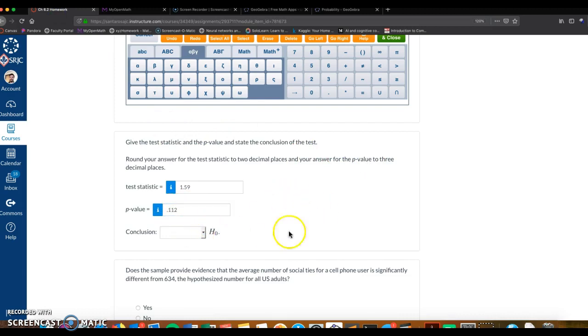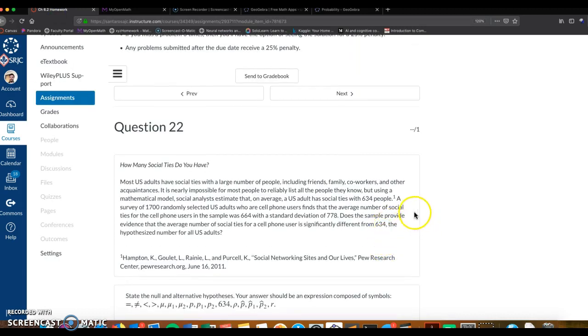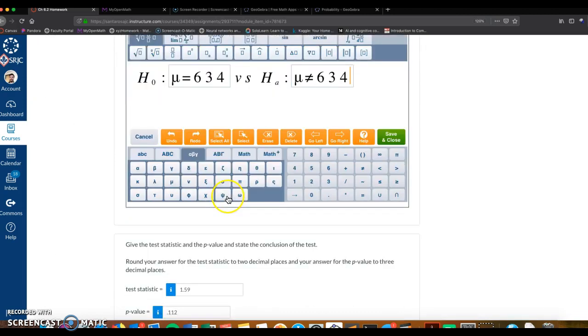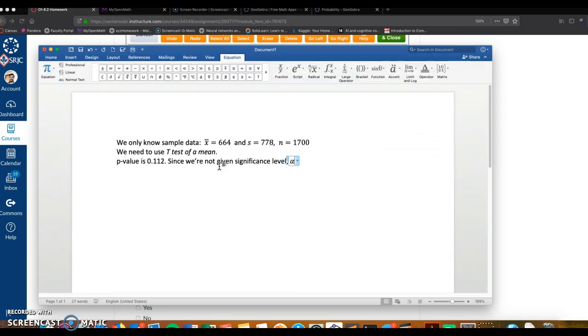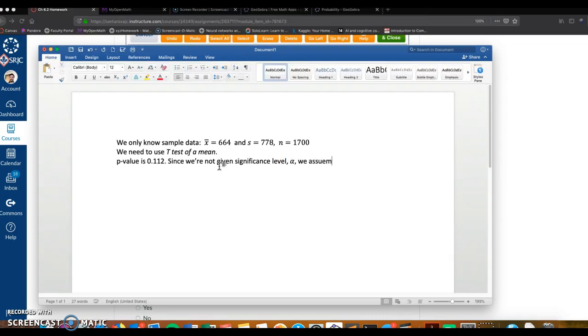All right, so p-value, then the conclusion: do we reject or not reject? I want to check to see if we're given a significance level. Since we are not given a significance level, which the notation would be alpha, we assume it's 5% or 0.05.